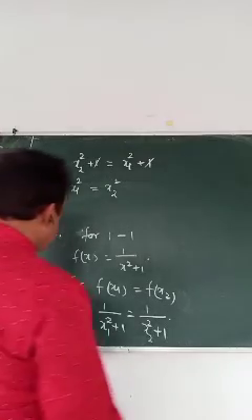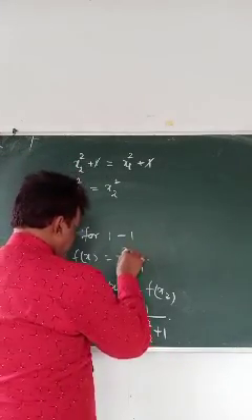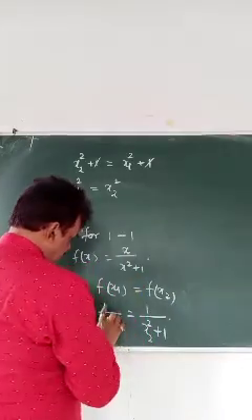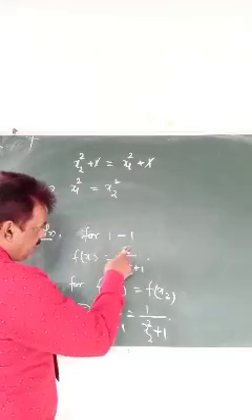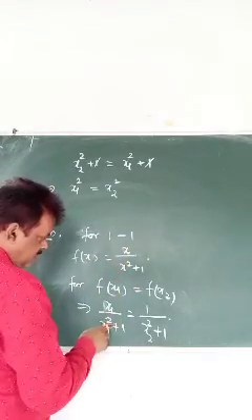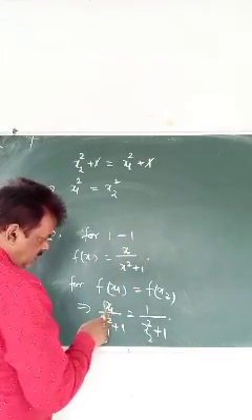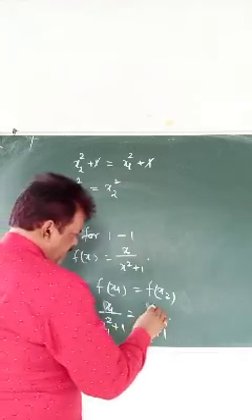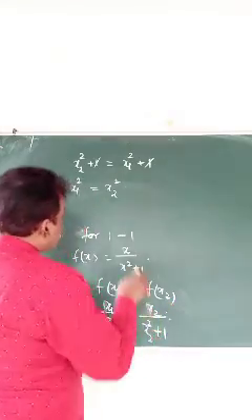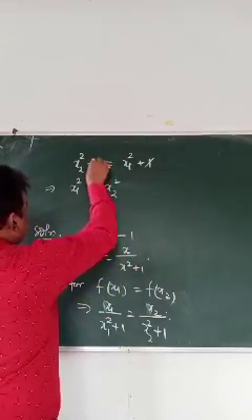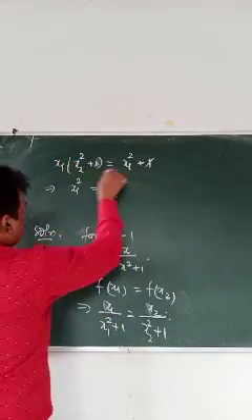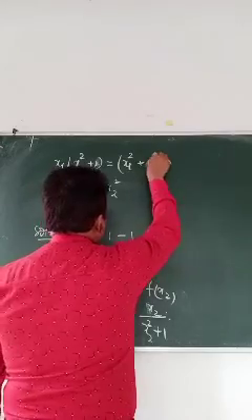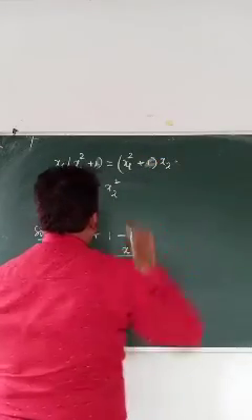Sorry, there is a mistake in this question. Actually f(x) is x by x square plus 1. So this is x1 by x1 square plus 1, and this is x2 by x2 square plus 1. So there will be cross multiplication. This x1 will go here, this x2 will go here.